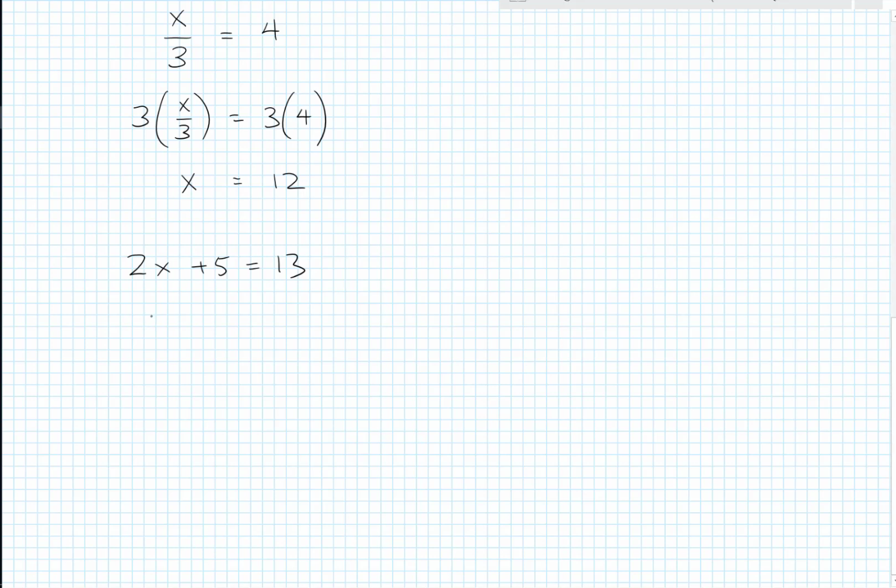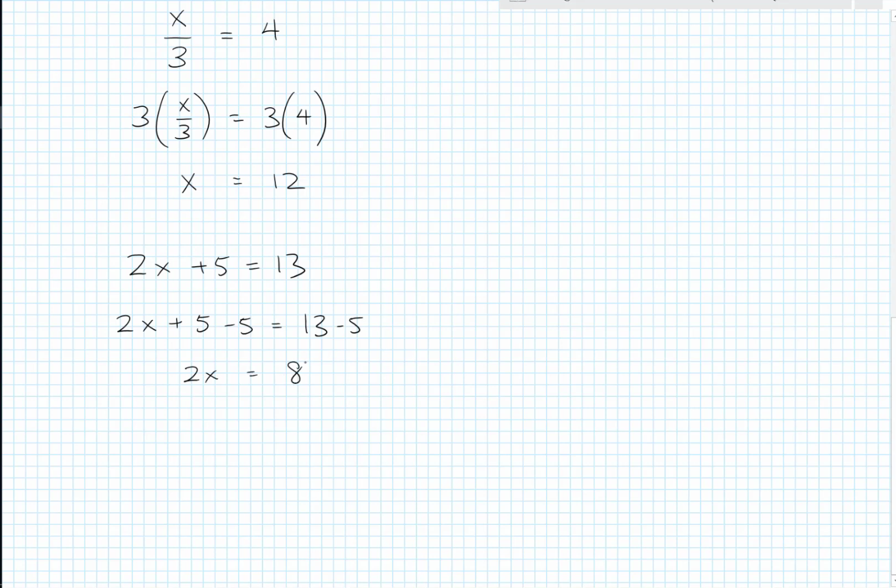We could say, let's deal with the plus 5 first. What's the opposite of adding 5? The opposite of adding 5 is subtracting 5. So if I take that left-hand side and I subtract 5, then as long as I subtract 5 from the right, I'm okay. The plus 5 minus 5 disappears, leaving me with 2x. And the 13 minus 5 on the right becomes 8.